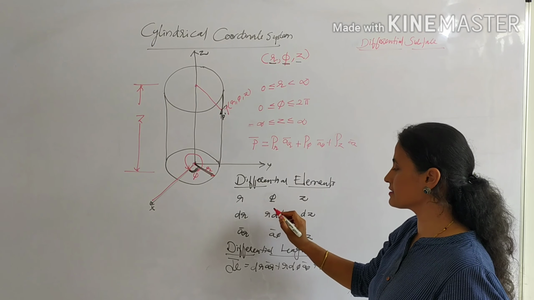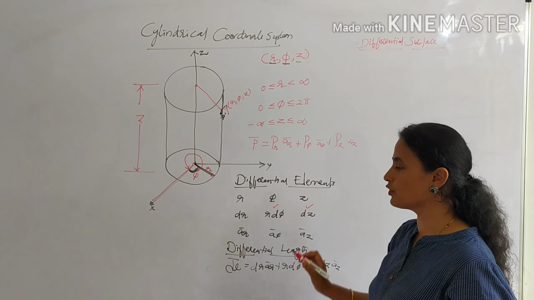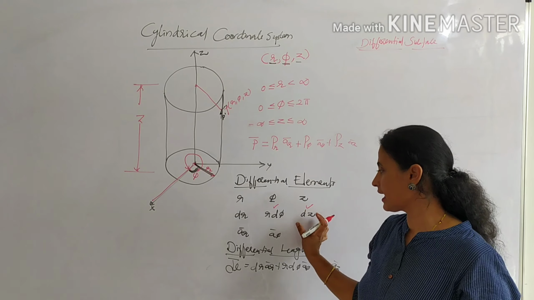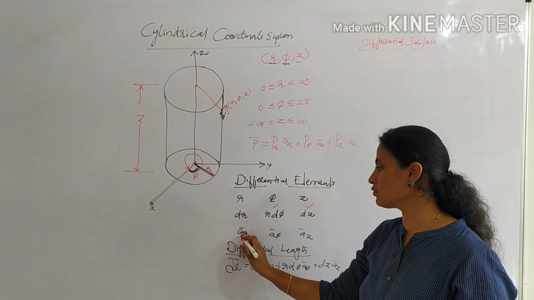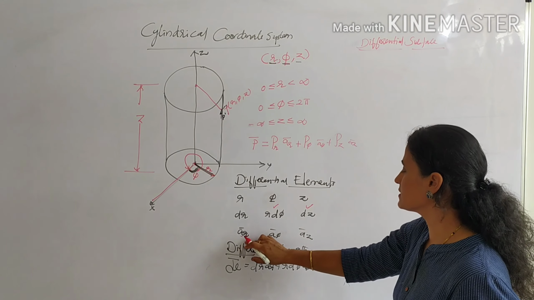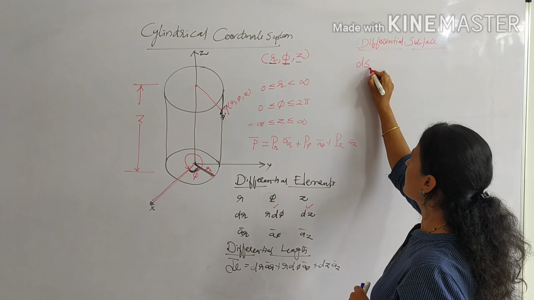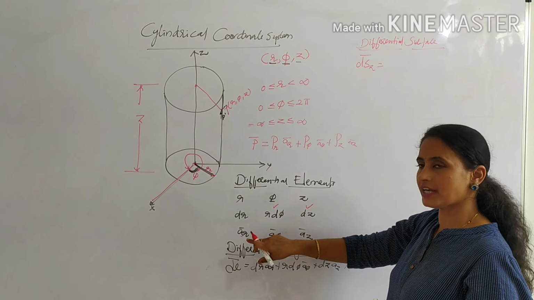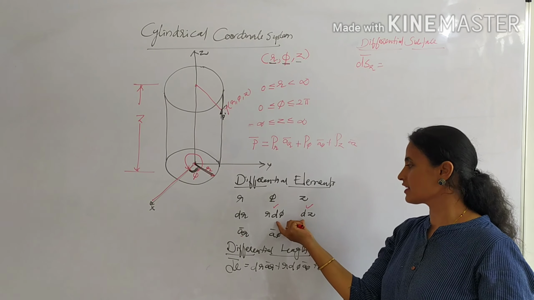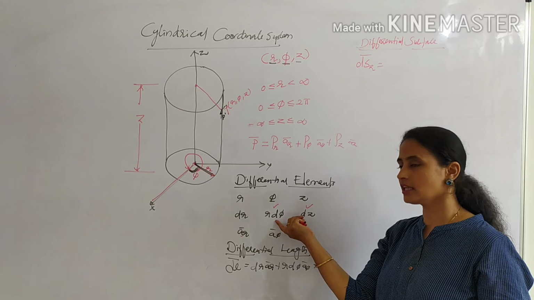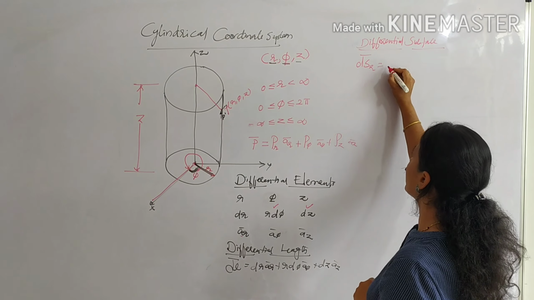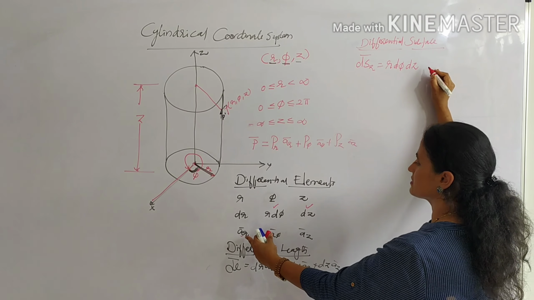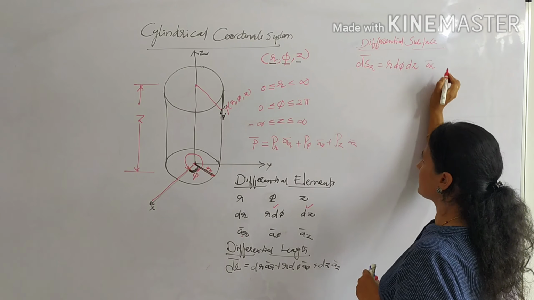If the differential surface is formed with two coordinates, one acts as the length and the second as the width, then this surface is normal to the third unit vector. So this is the differential surface normal to R. If it is normal to R, the surface must be formed with the other two coordinates, which gives R d phi dz, and its normal unit vector is AR.